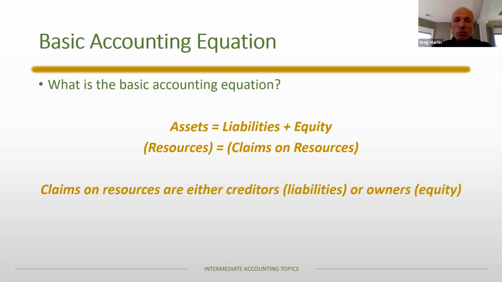And that same framework is true as we get into more detail in this class. That underlying equation is still true. Assets still equals liabilities plus equity. We're obviously going to be complicating things a little bit, but that core truth is still present. And so again, you have resources and you have claims on those resources.